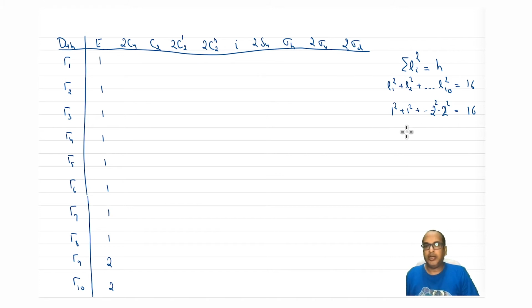Okay. Now also I know that the summation over all R of chi R square is also equal to h, right, which is 16. So that means for any given representation, if I take the sum of squares of the characters under the different symmetry operations, I should get 16, right?